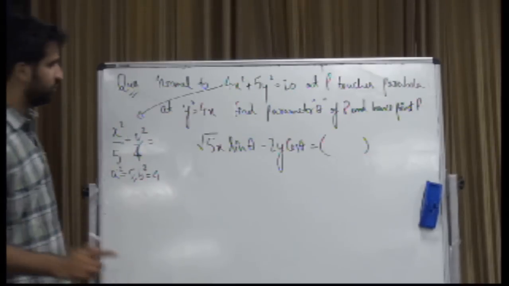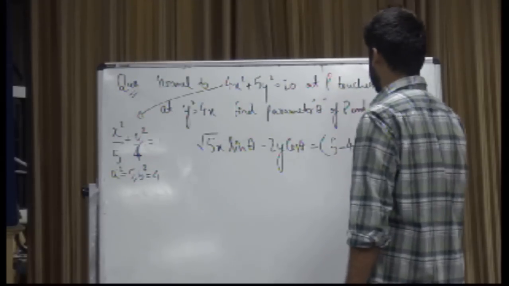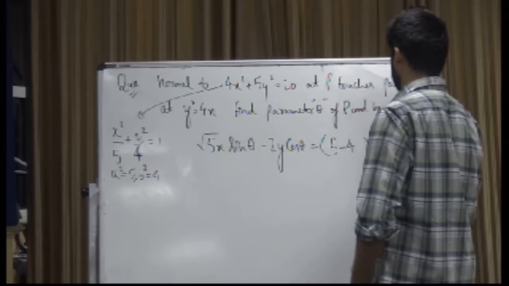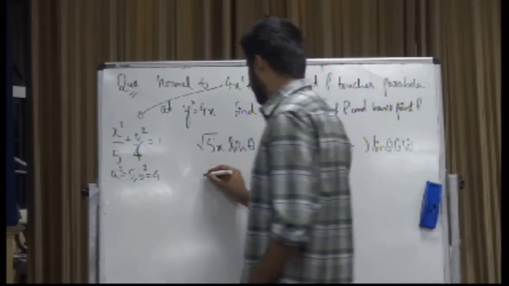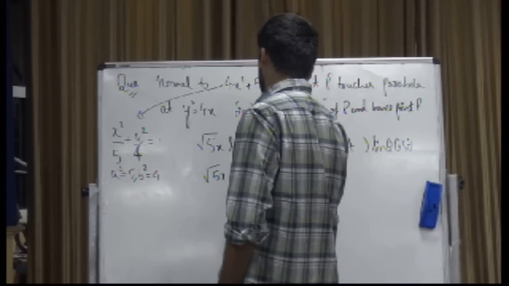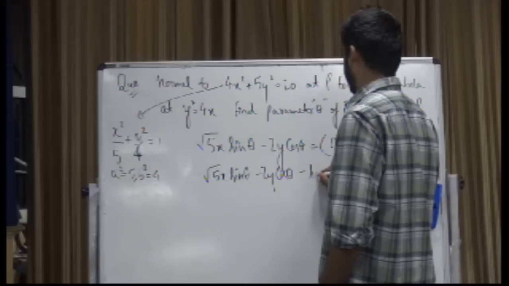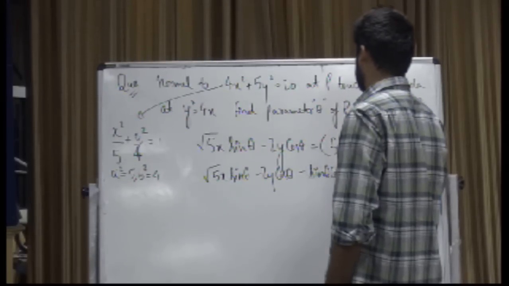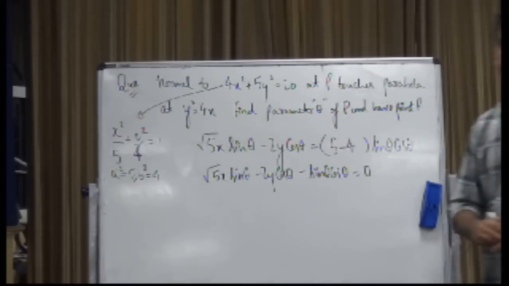This will be equal to 1, sin theta cos theta. Just put the values of a and b. You will get the equation of normal, which is what you are getting.